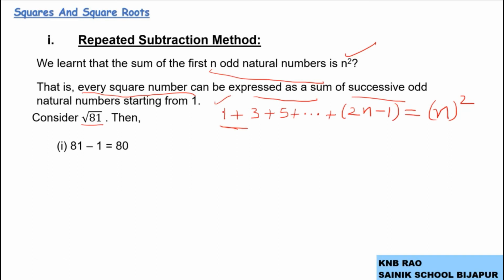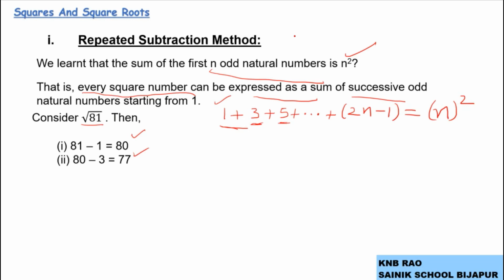For example, 81 minus 1. In the first step, I found the difference as 80. From 80, I will subtract the next odd number. Who is the next odd number? 3. So 80 minus 3 gives us 77. Now from this difference, I will subtract the third odd number, 5.